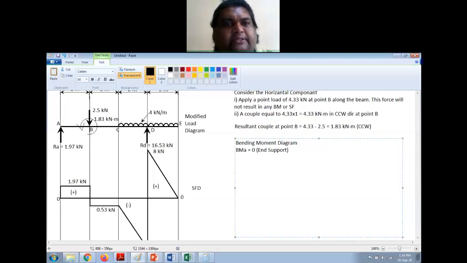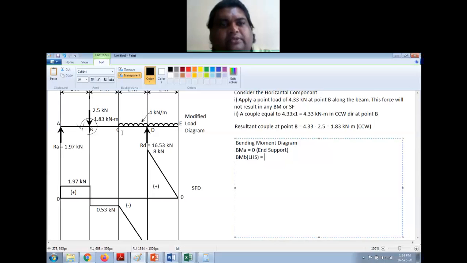Next point, I'll come to B. Now at B I have a couple here. So you have to take bending moment from the left side and the right hand side, and at that point there will be a steep increase or decrease of bending moment. So BMB LHS is equal to, I'm considering the left hand side. So this is an upward force.